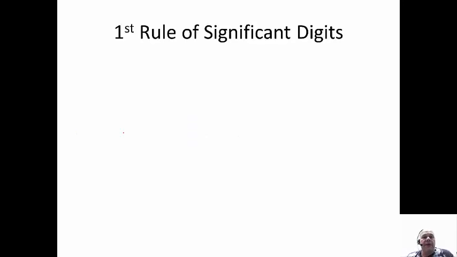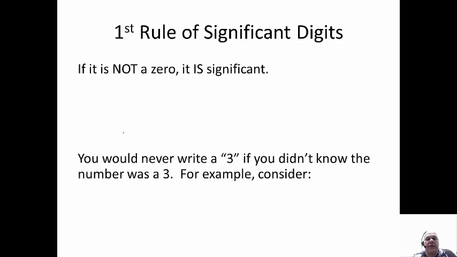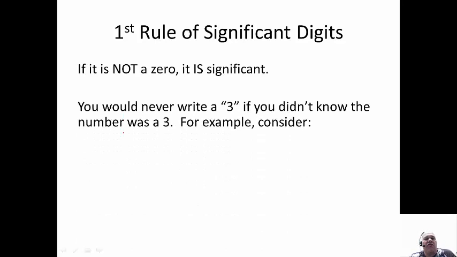And so there's 2 or 3, depending on how you count them, rules for determining significant digits. The first rule is the easiest one. If it's not a 0, it is always significant. You would never write a 3 if you didn't know the number was a 3.